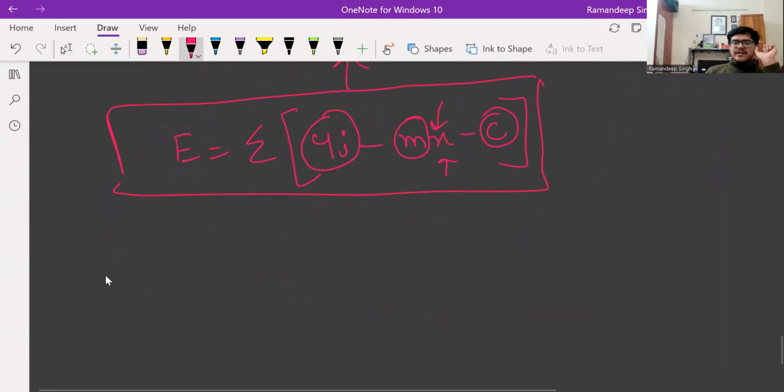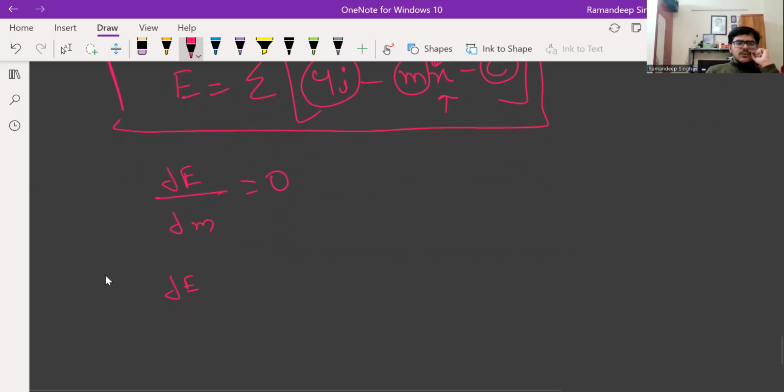If I want to minimize this error function, what do we do? I will first take the partial derivative with respect to m and put it equal to 0, and second I will take the partial derivative of this function with respect to c, which is not a constant, it is the intercept, and put it equal to 0.